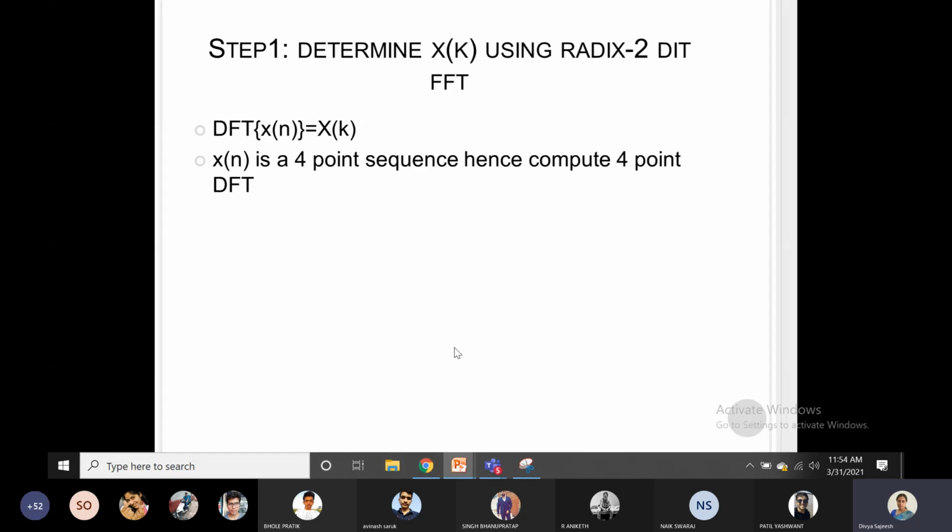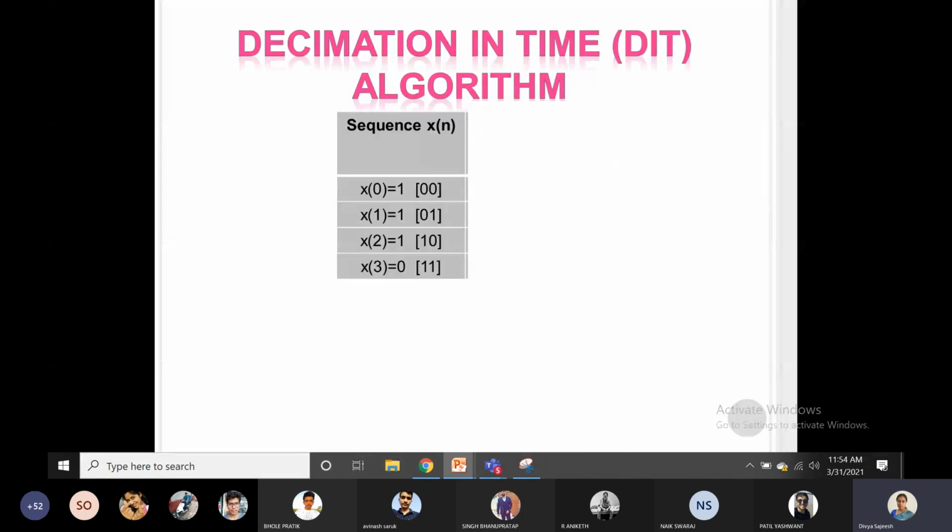Now it is 4-point, so let us first write the sequence in the normal order. Since it is only 4 elements, how many stages will there be by the radix-2 FFT method? 2 stages only, because the length is 4 only.